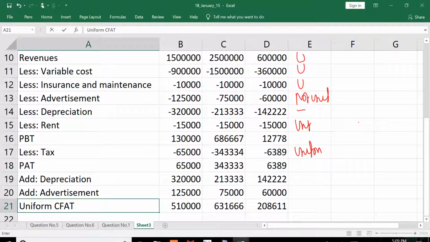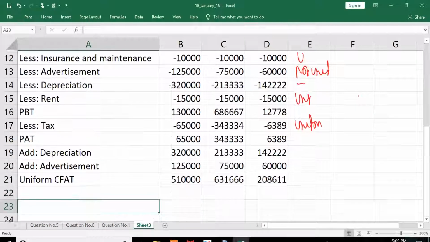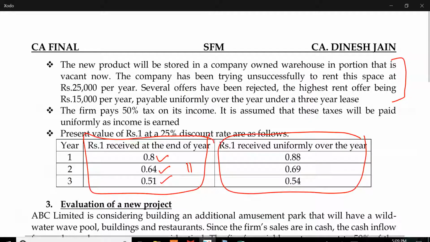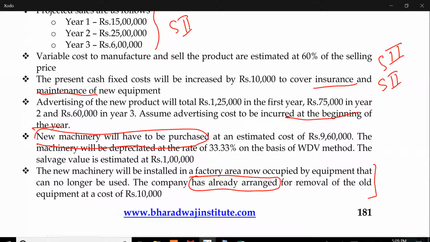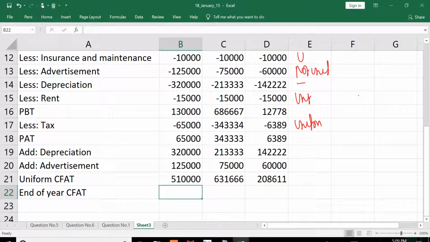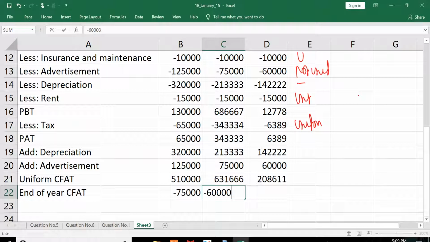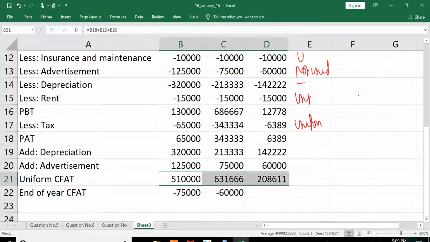That is, it is not 5,10,000 in 1 year, it's every month divided by 12. Wait. End of year CFAT: in the first year you pay advertisement of 75,000 at the beginning of year 2, and this is 60,000. These three numbers are uniform across the year.